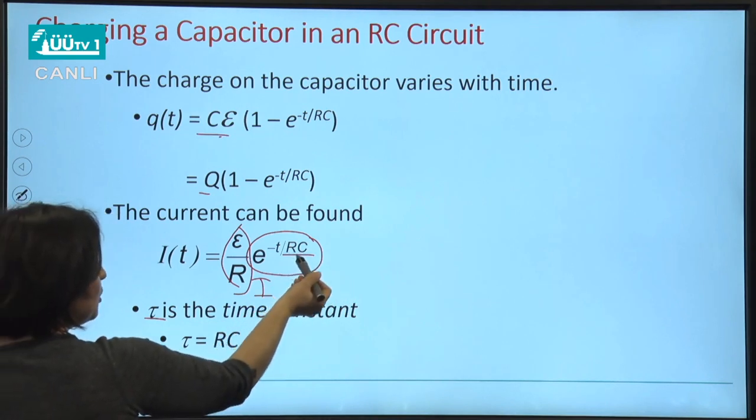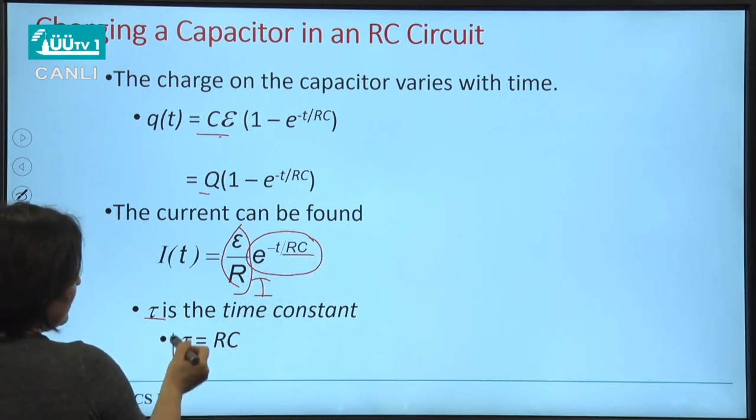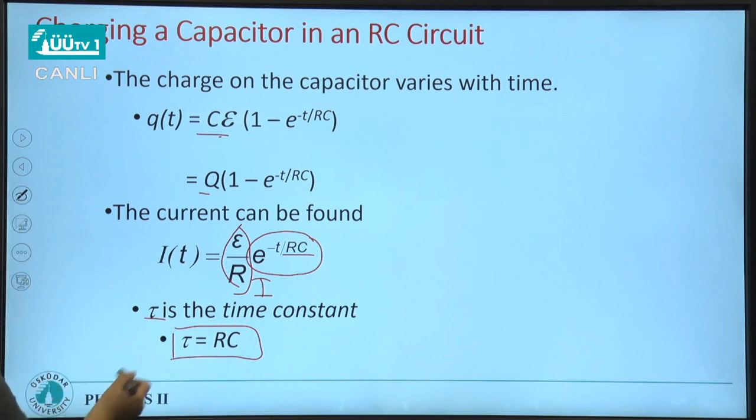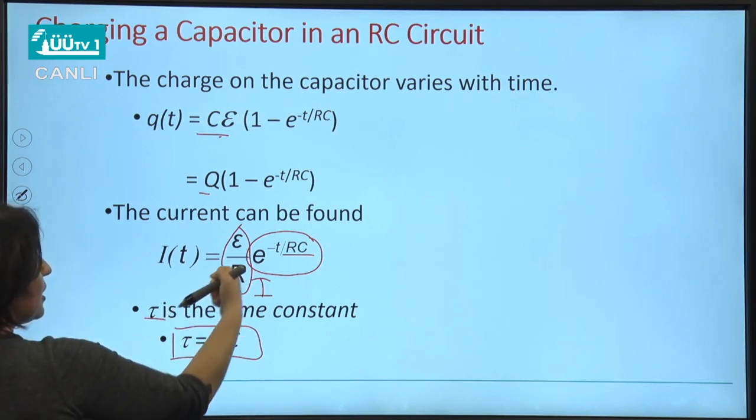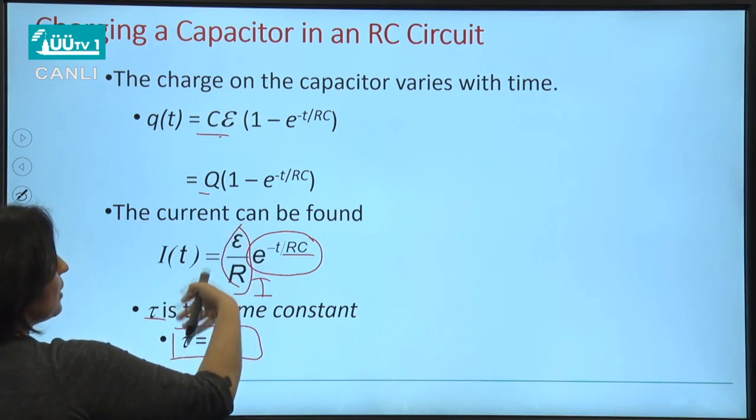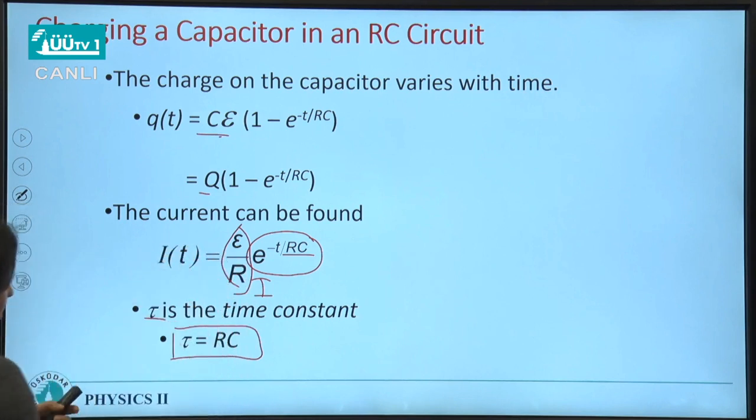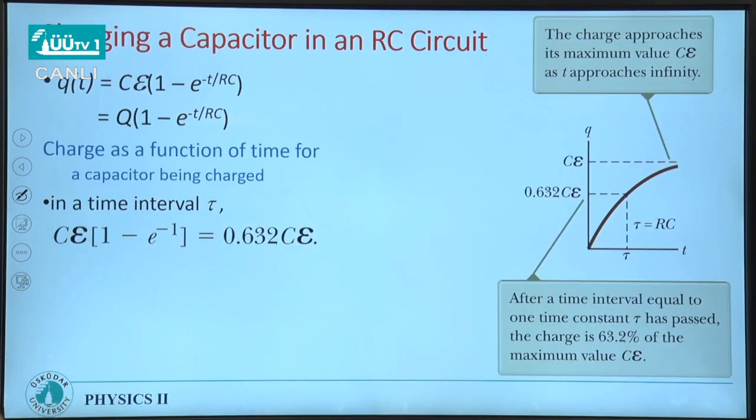So by multiplying them, we obtain a constant tau, which we can use to calculate the current and the charge in the capacitor. Okay, this is our equation, charge as a function of time for a capacitor being charged.